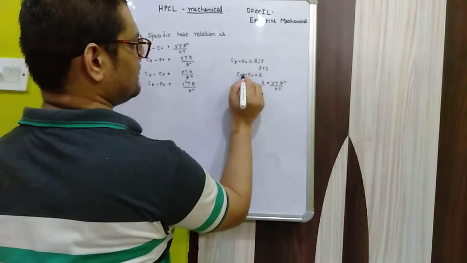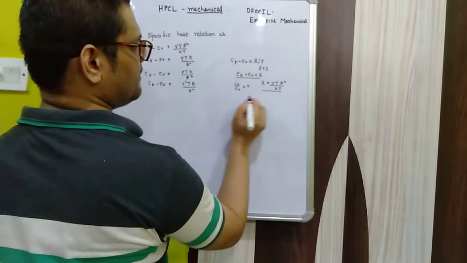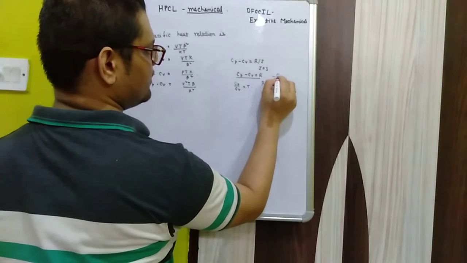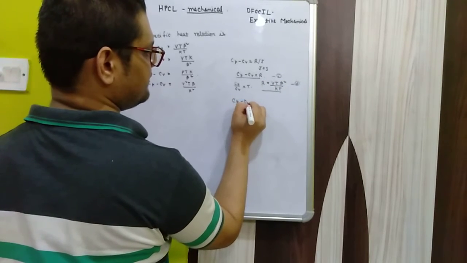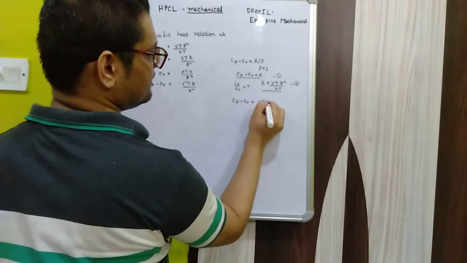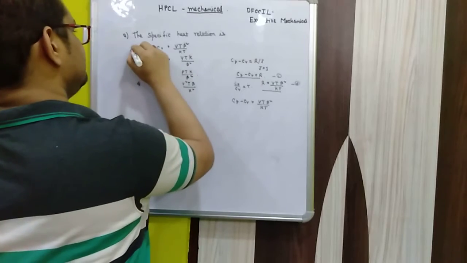As Cp minus Cv is equal to R and R is equal to Vt beta square by Kt, from these two equations we can write Cp minus Cv is equal to Vt beta square by Kt. So option A is the correct answer.